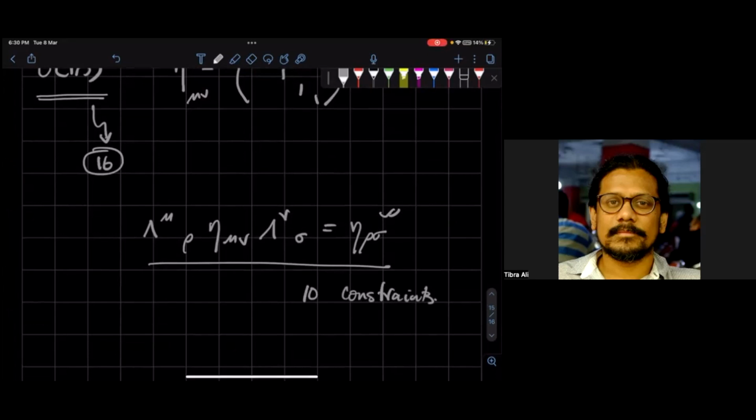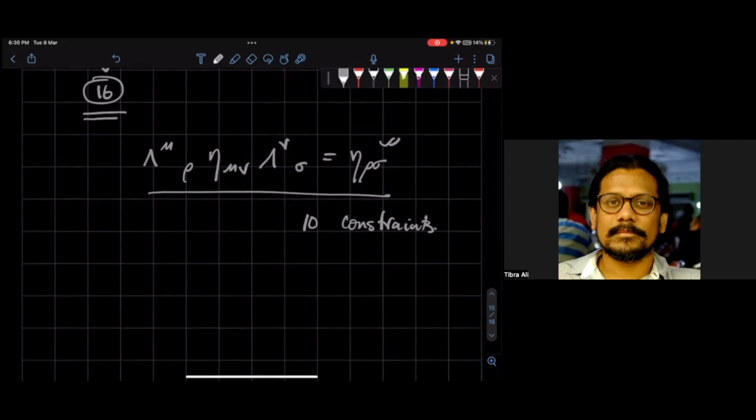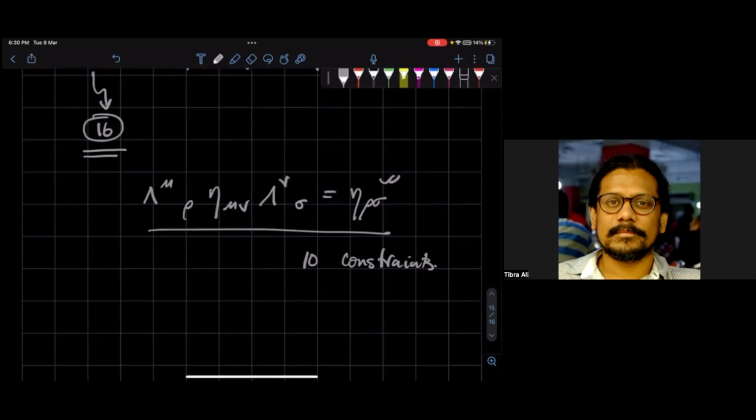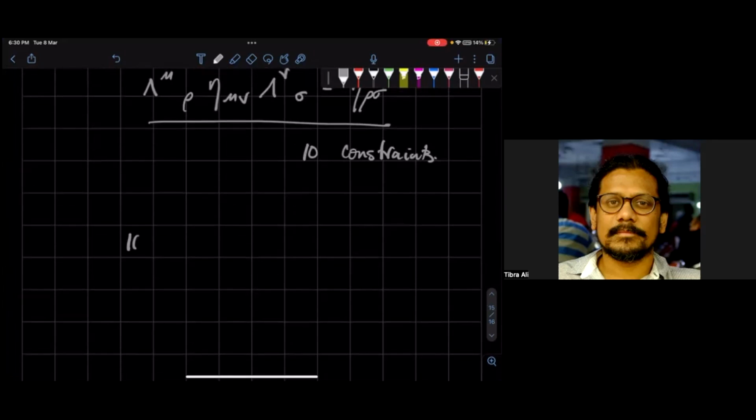And therefore, given that we have 16 entries in an O(1,3) matrix, the dimension would be 6, right? That would be the dimension of SO(1,3). Okay.